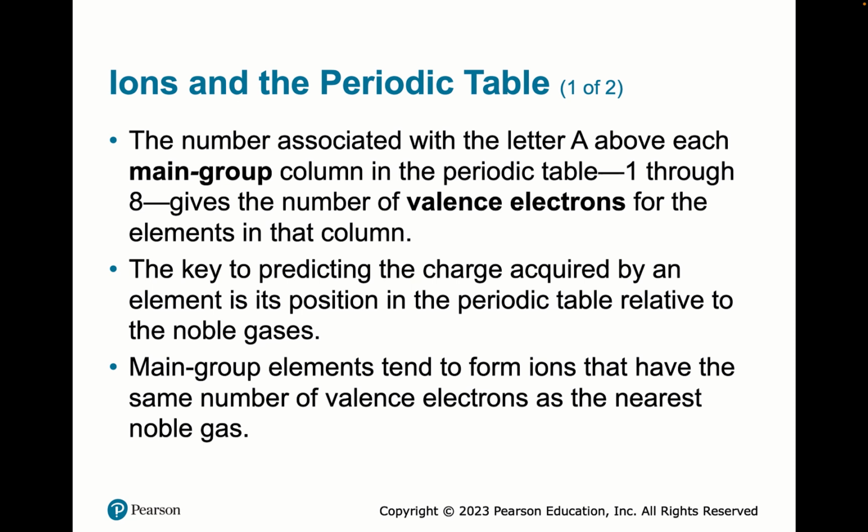So given a choice, for the alkali metals, they can either lose an electron to become like a noble gas, or they can gain 7 electrons, and it's hard to put 7 negatively charged particles into an electron cloud because the negative charges repel each other.